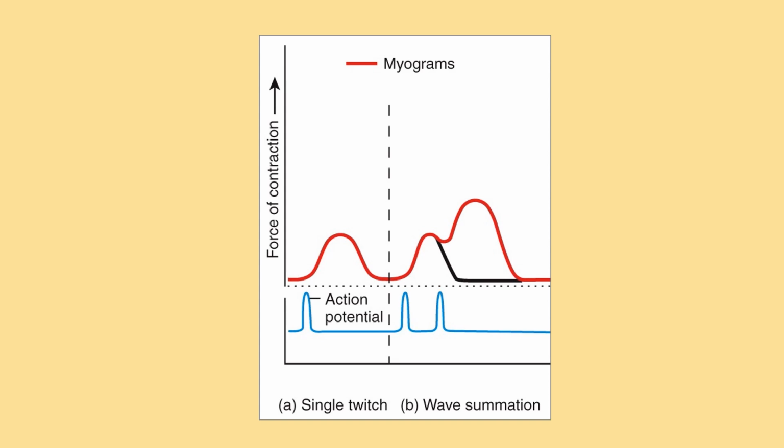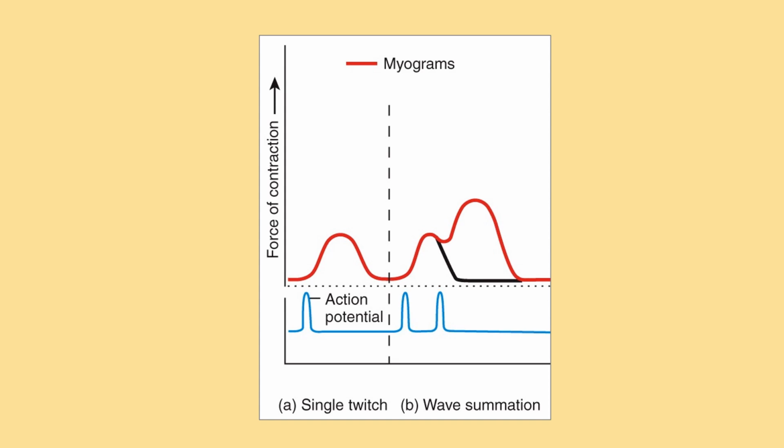Let's move over to the wave summation, where now we have two muscle action potentials arising in sequence. And so the first part of the wave summation graph, where we have our first muscle action potential, the force of contraction rises as it would ordinarily under a twitch contraction, and it begins to fall. Only during the relaxation period, a second muscle action potential occurs.